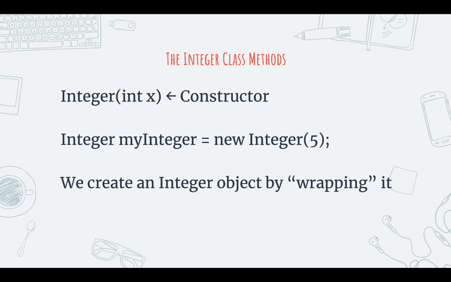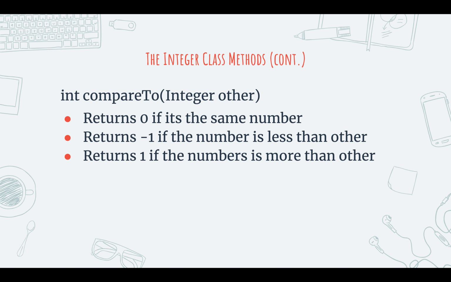And then in the arguments of the constructor, we put the integer value, the primitive type that we want to wrap up into an object. Once we do this, we can use the myInteger identifier to access certain methods that we want to utilize within our algorithm.